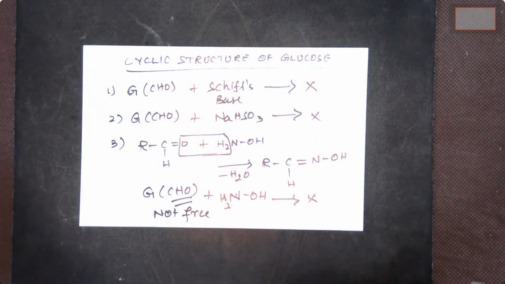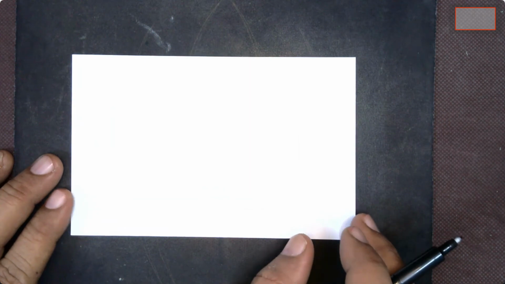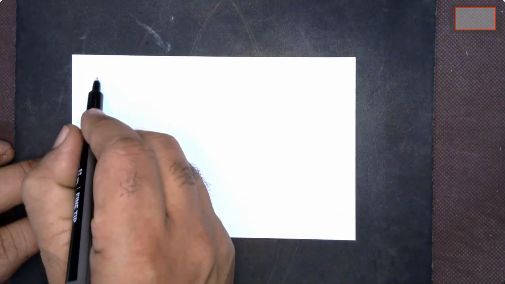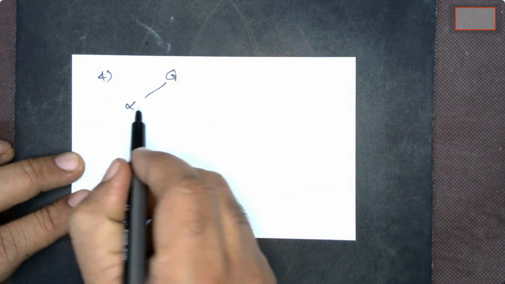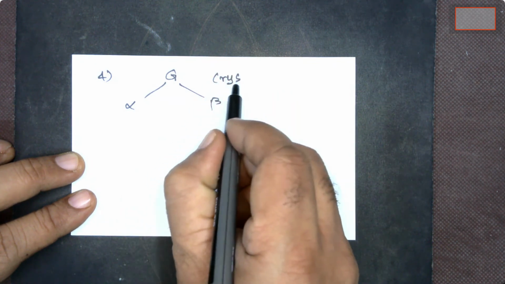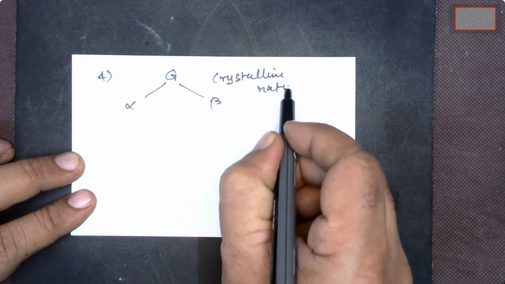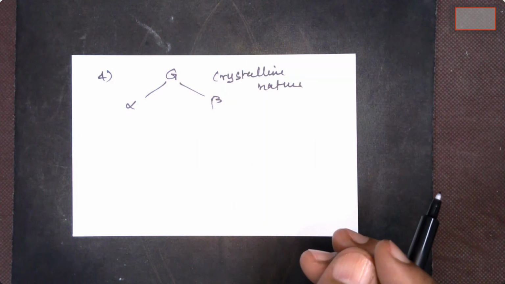So the glucose is found to exist in two different crystalline forms, one is alpha, another is beta.